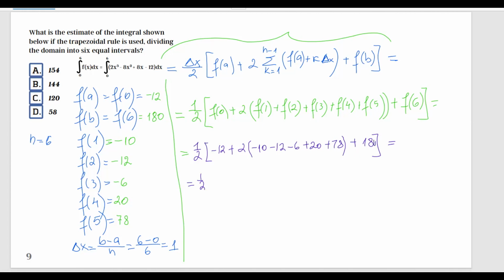So here I have 180 plus, and then divided by 2, I get a value of 154. Okay, so this integral over here using the trapezoidal rule is equal to 154. So the correct answer is A, 154.